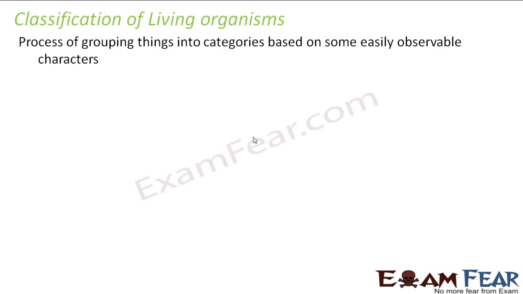So what is classification? It is the process of grouping things into categories based on some easily observable characters. Now, how are we going to divide organisms into groups? On the basis of common characters. All those organisms which share a common character will be put into the same group. For example, in your school, when the students are divided into different classes, on what basis are they divided?